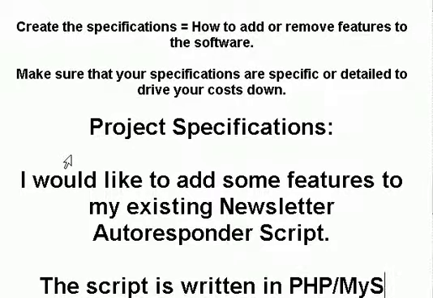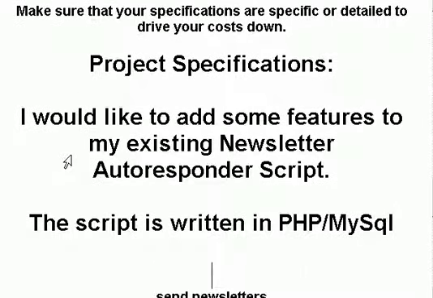The one thing about scriptlance.com and rentacoder.com is they allow you to choose programmers, or even tell programmers that your project is written in PHP and MySQL. That way you target people who are in PHP and MySQL, and when you do that, you get programmers in that area. So they're not guessing. So you say the script is written in PHP and MySQL.